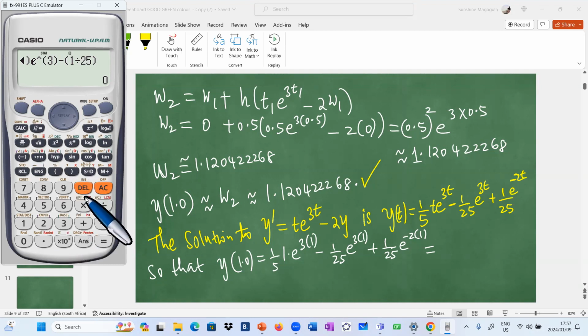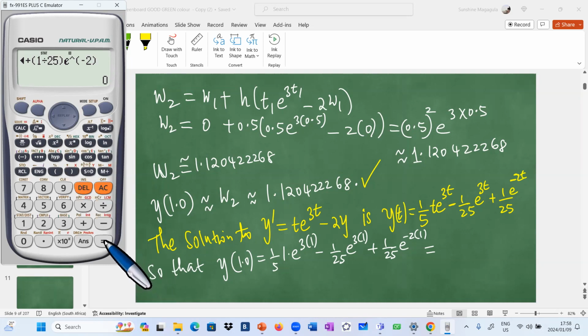There's a bit more calculator usage because this maybe takes a bit of time. Calculator practice is necessary, to beat time in the exam. Then plus 1/25 e to the minus 2, like so.